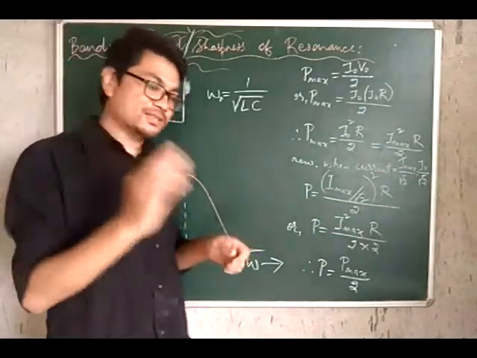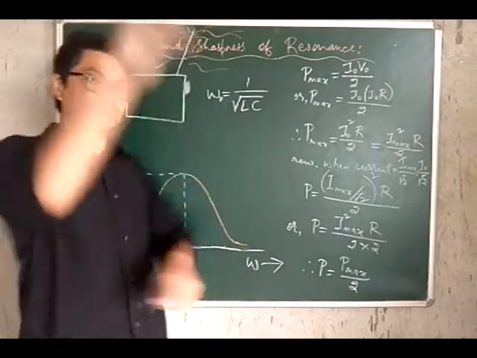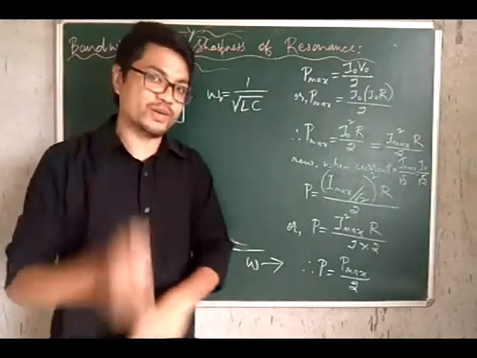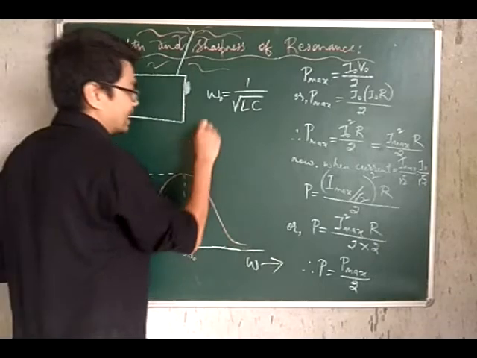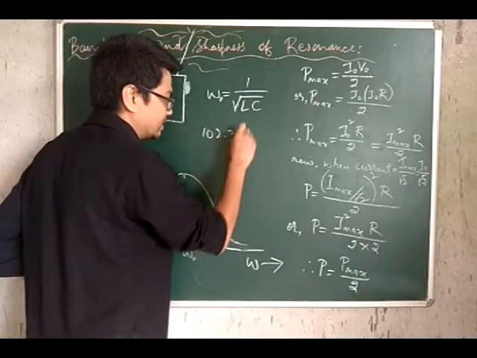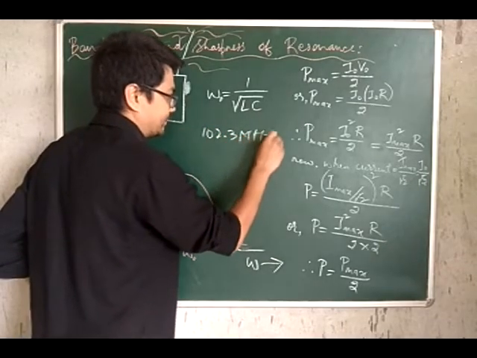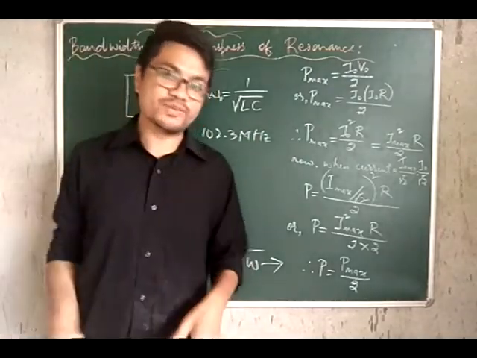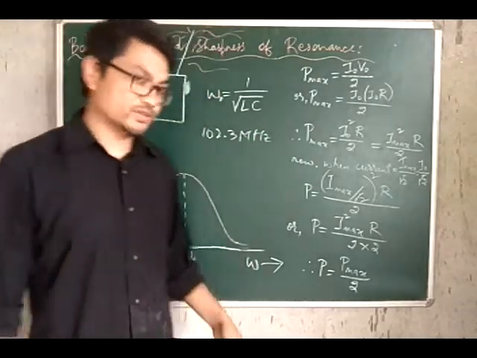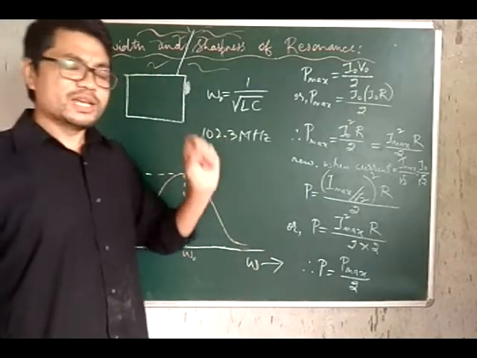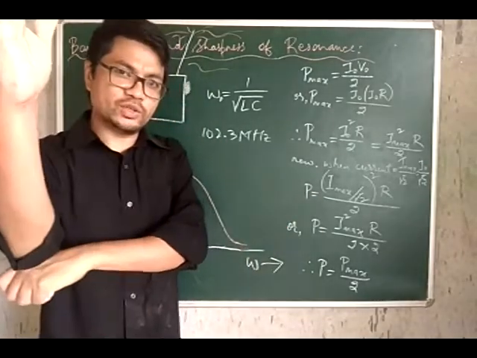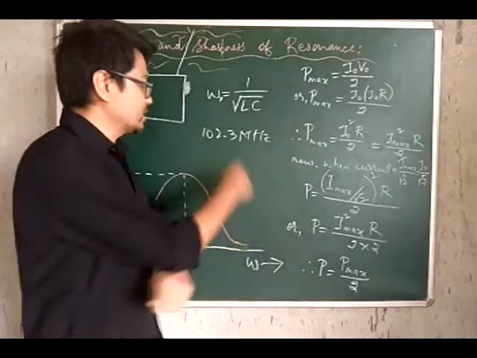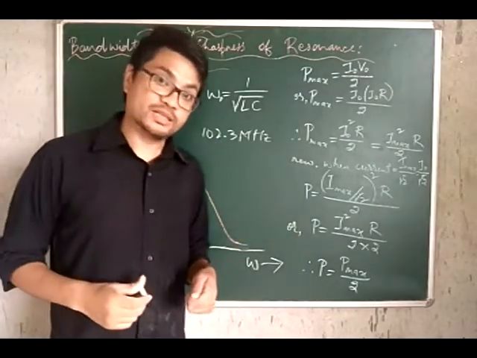Alright? So when you turn the knob of the radio and you set the radio at a particular frequency, say you set the radio at 102.3 megahertz. This is, by the way, the frequency of the FM channel in Kershon, okay, radio station. So you tune your radio, so to say, to 102.3 megahertz.